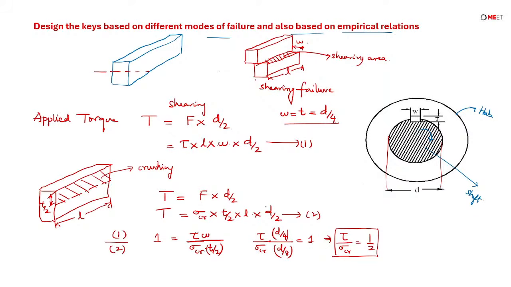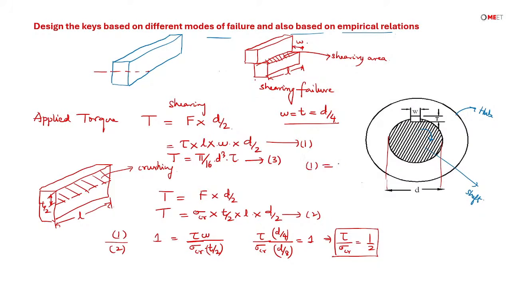And we can also express the empirical relation for length and diameter of the shaft. Let's say this is equation 1 and this was equation 2. And the torque of the shaft can be written as pi by 16 d cube into tau. Let's call this equation 3.